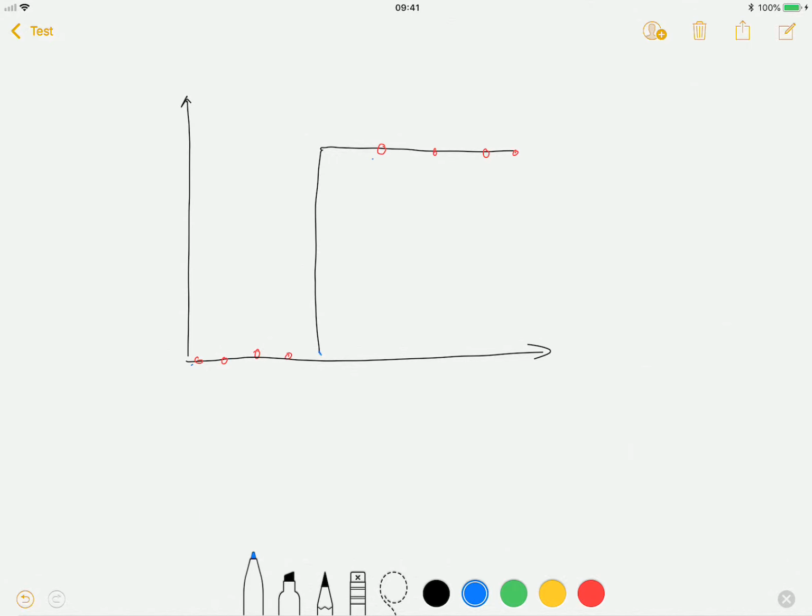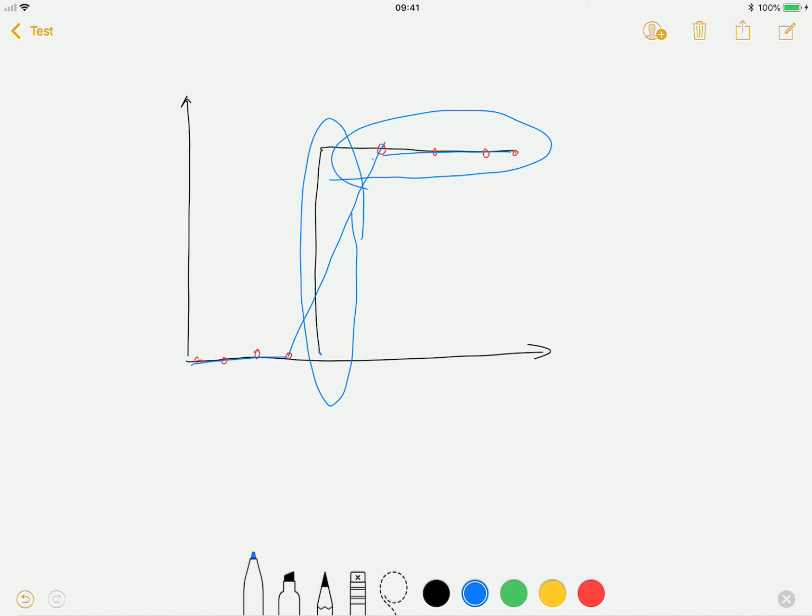Okay, so I would end up with a function that looks something like this. Now, although I might not have got this transition section correct, I have got the majority of my function being well described by using linear spline functions between each data point.